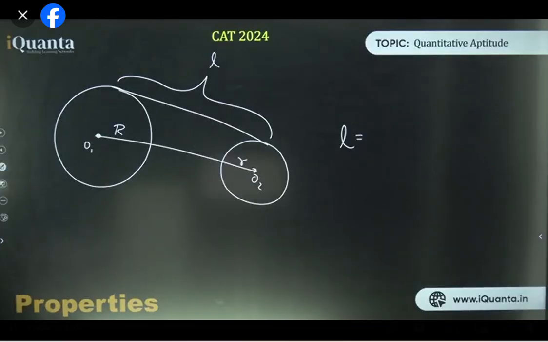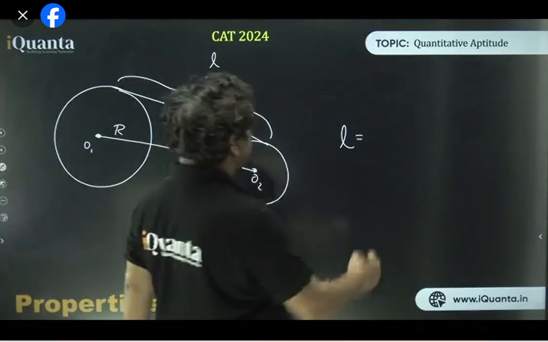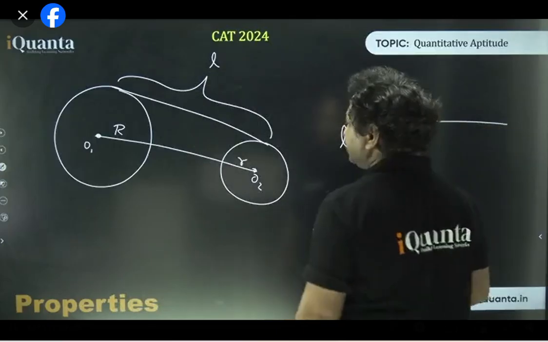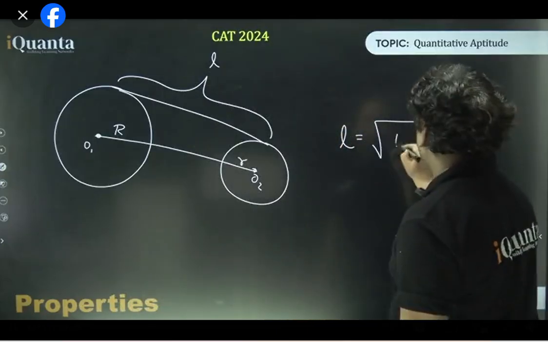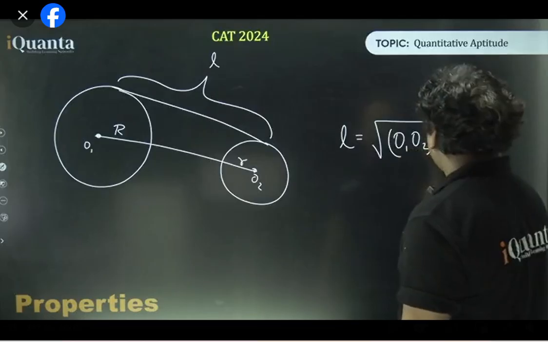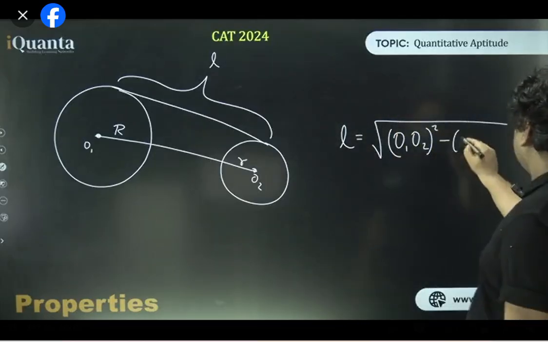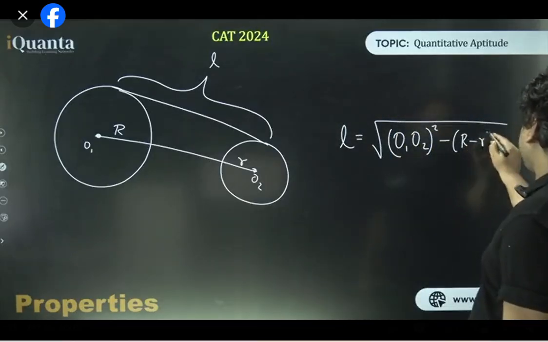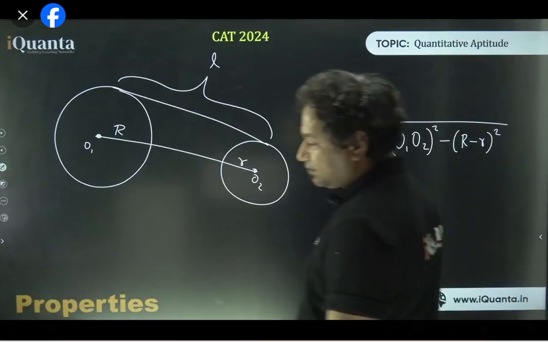We need to find the value of L. Clearly, L will be equal to the square root of O1O2 square minus (capital R minus small r) square.